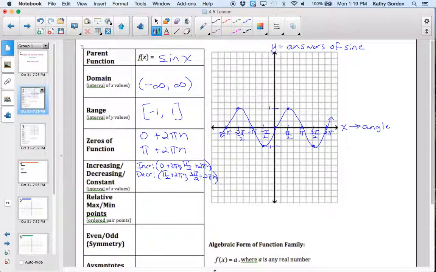Mrs. Gordon, I can't read. What did you write after increasing? 0 plus 2 pi n, comma, pi over 2 plus 2 pi n. So the first increasing piece is from 0 to pi over 2 in this 1 period, right? But then we added the plus 2 pi n to each of those to show there's this piece, and then this piece, and then this piece.